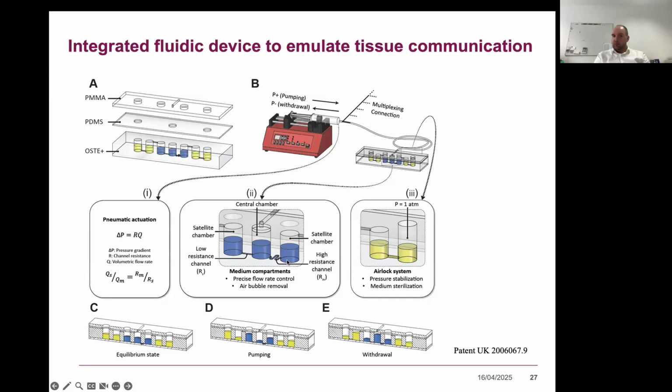So although we are only actuating the central chamber, we can nevertheless, by design, recapitulate tissue-specific differences in perfusion and flow rates. Adipose tissue, for instance, is much less perfused than skeletal muscle or liver, and therefore the adipose tissue would be behind such a meandered channel here, and the perfusion rates are substantially lower. So we can control the stoichiometry of the flow just by the design.